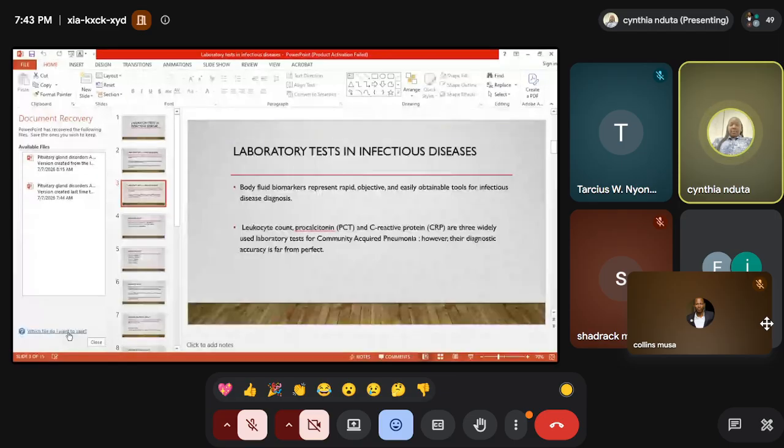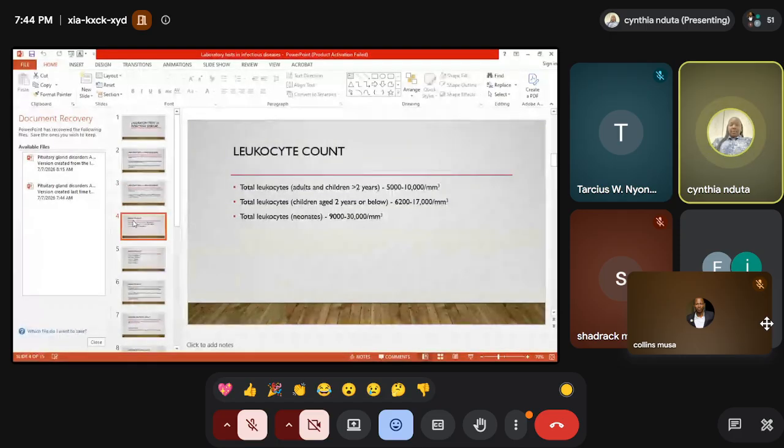Sometimes you can have high levels of these, say for a viral infection, yet you're looking at a bacterial infection. Let's start with the leukocyte count. Look at the normal ranges there. They are different, depending on the age.